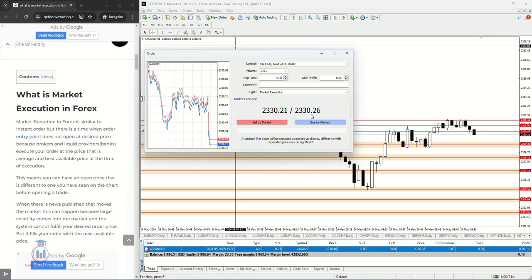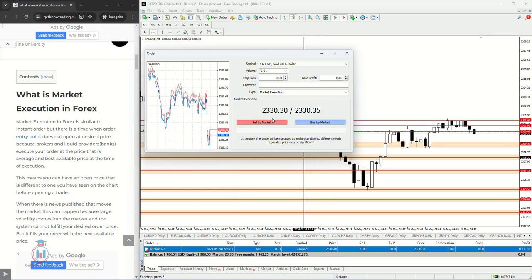If the price changes, for example, by 5 pips, this can be too much for you because it could ruin your strategy. So this order should not be opened at a price different from the current market price. These are some of the disadvantages that you can experience with market execution.